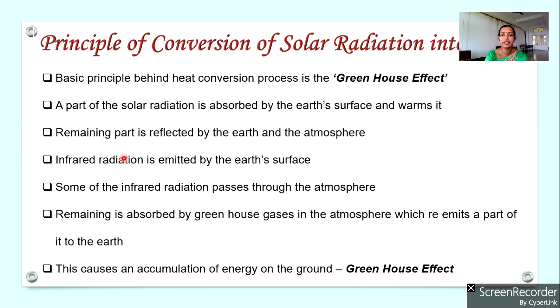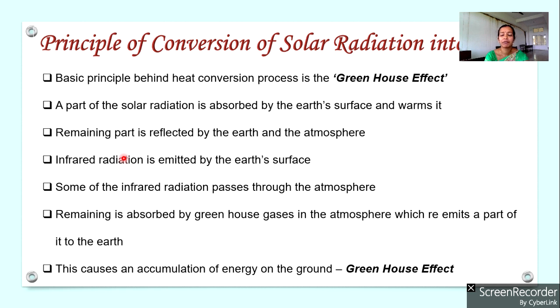When a body receives solar radiation, it has a tendency to re-emit infrared radiation. So when our earth receives this solar radiation, the earth surface will re-emit infrared radiations.